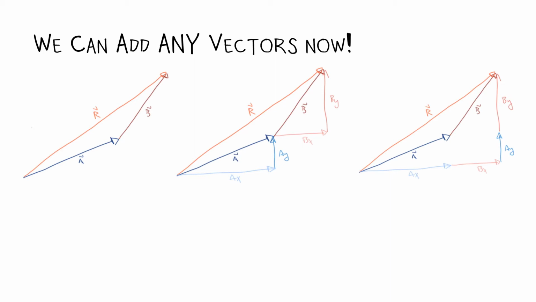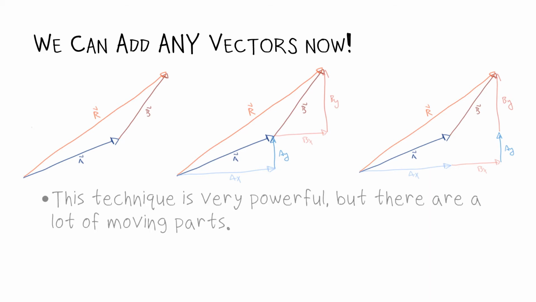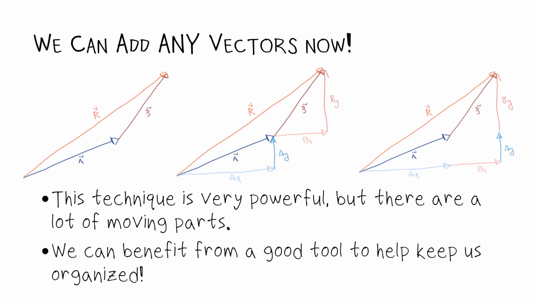So Ax plus Bx is Rx, and Ay plus By is Ry, and we can solve for the resultant vector.